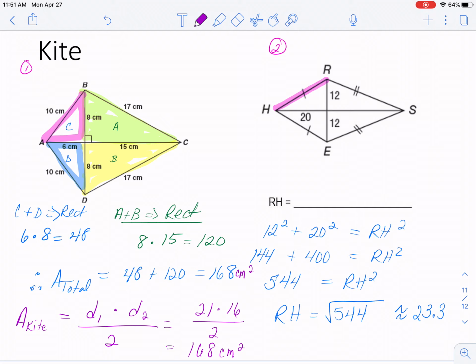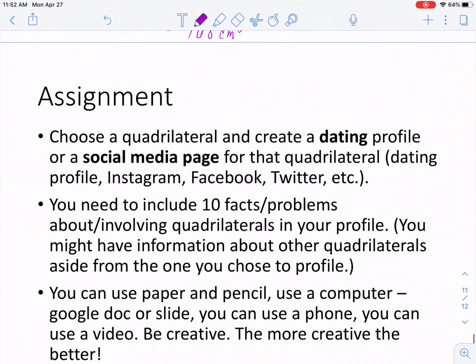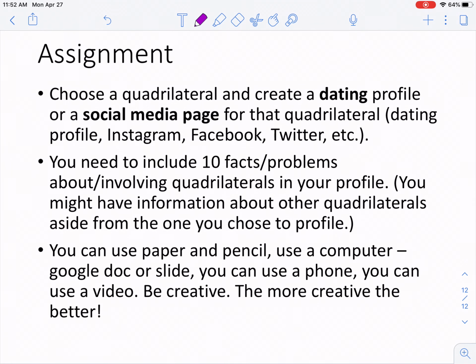All right, this week's assignment is a little different. It's not just some SAT problems. It's not a lab, but it's kind of like the lab idea. Your assignment is to choose a quadrilateral, like one of the things that we talked about, and create a dating profile or a social media page for that quadrilateral. You might create a profile for Instagram or Facebook or Twitter, and you tweet out these different things.